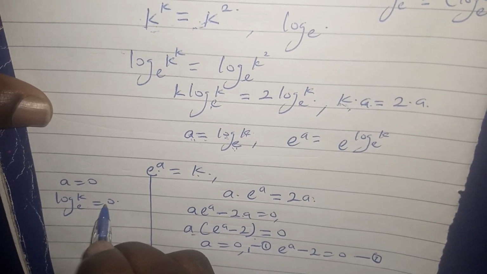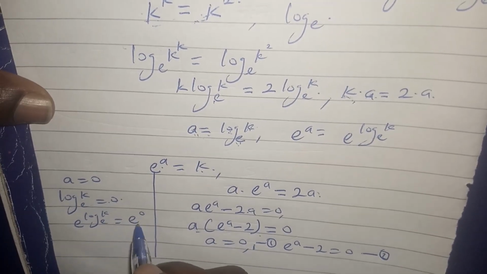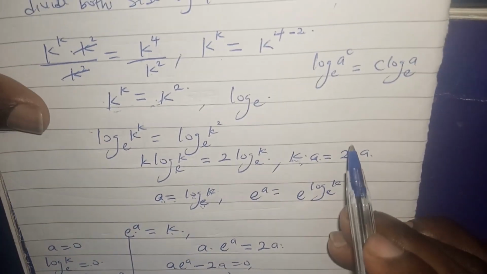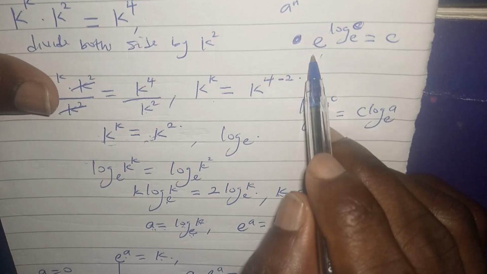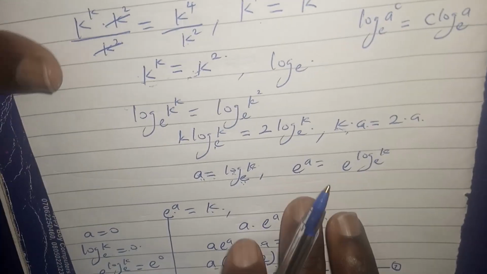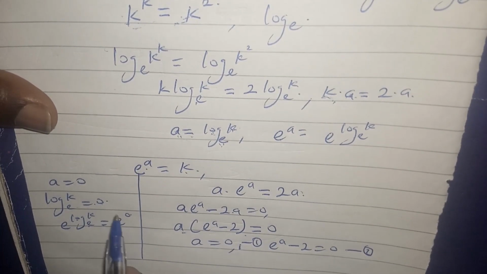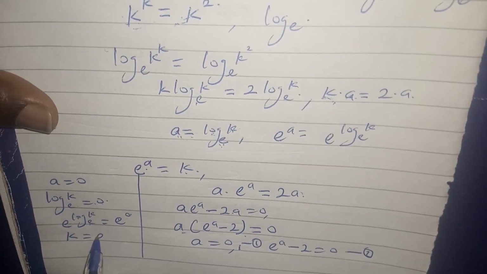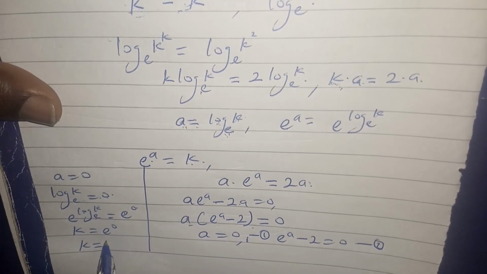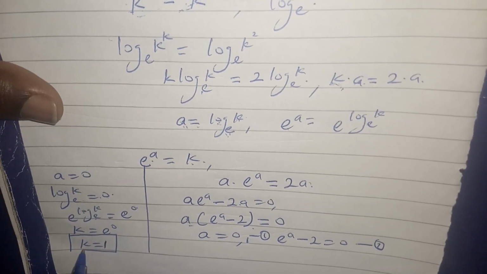We can take the exponent of both sides: exponent of log k to base e equals exponent of 0. Applying the rule that exponent of log c to base e equals c, we have k equals exponent of 0, and exponent of 0 gives us 1, so k equals 1. So this is the first value for k.